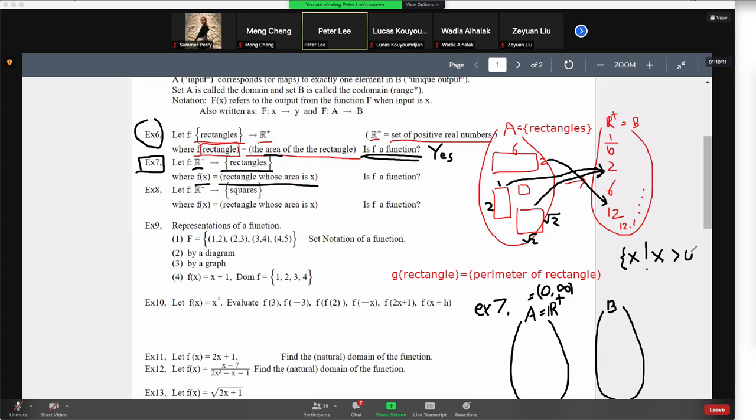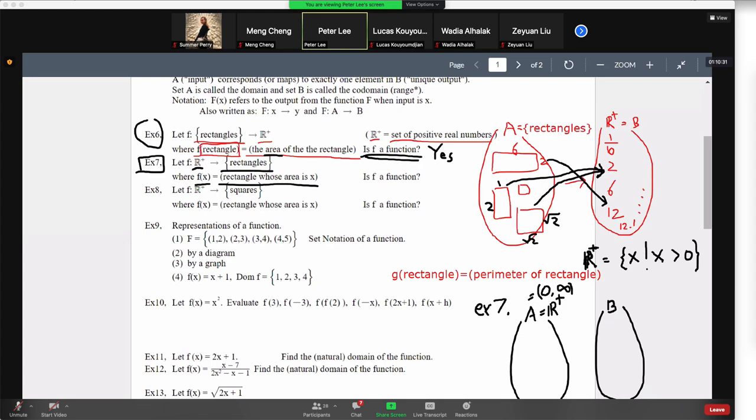R plus is the set of all the numbers which are positive. Positive means it cannot be 0.